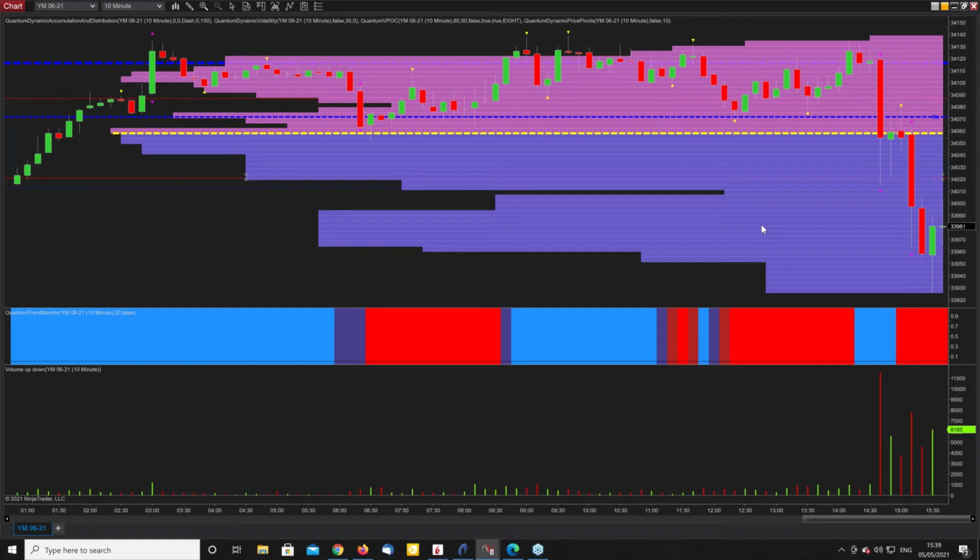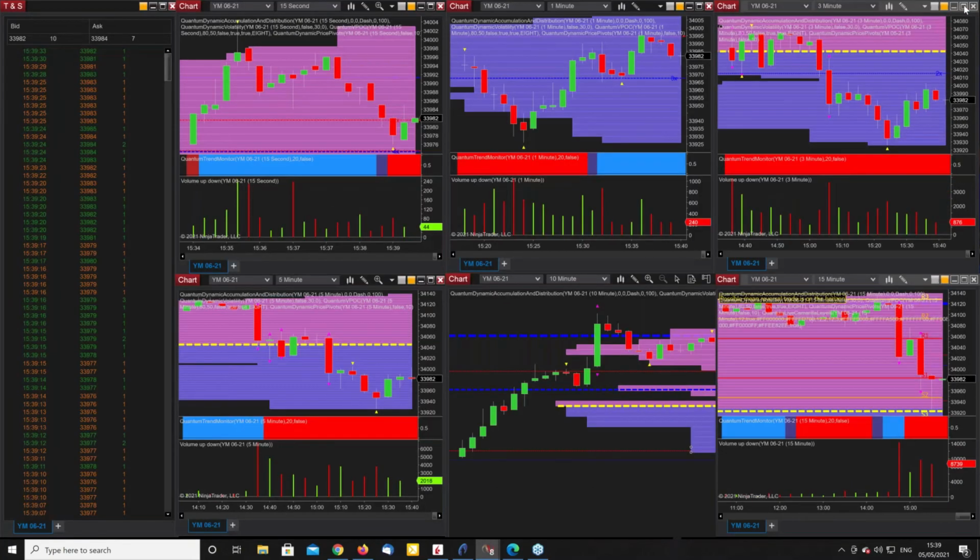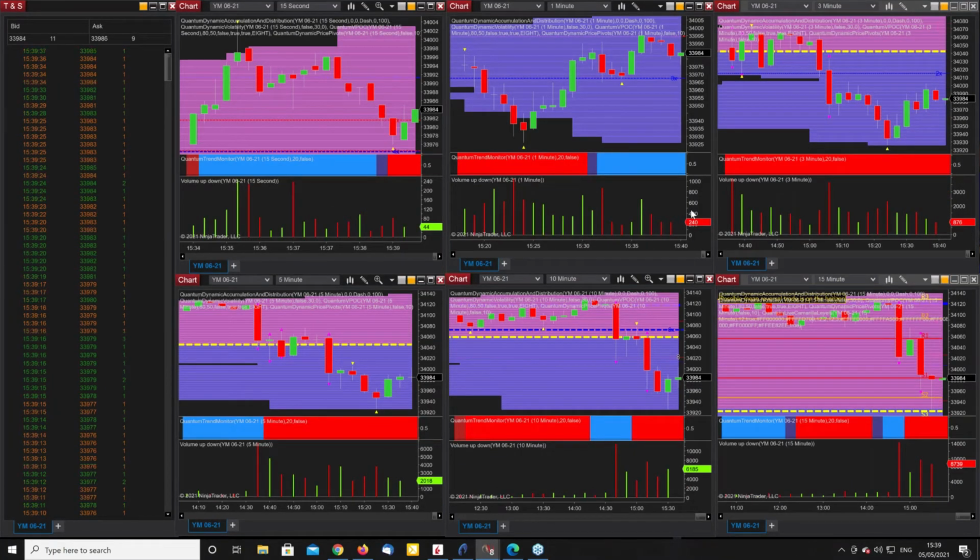So if you've got a VPOC on the 10-minute chart, that will be more significant than on a 5-minute, and hugely more significant than on a 1-minute. It's all down to the relevance and importance of the indicators, using multiple timeframes not only for trading, but also from an indicator perspective.